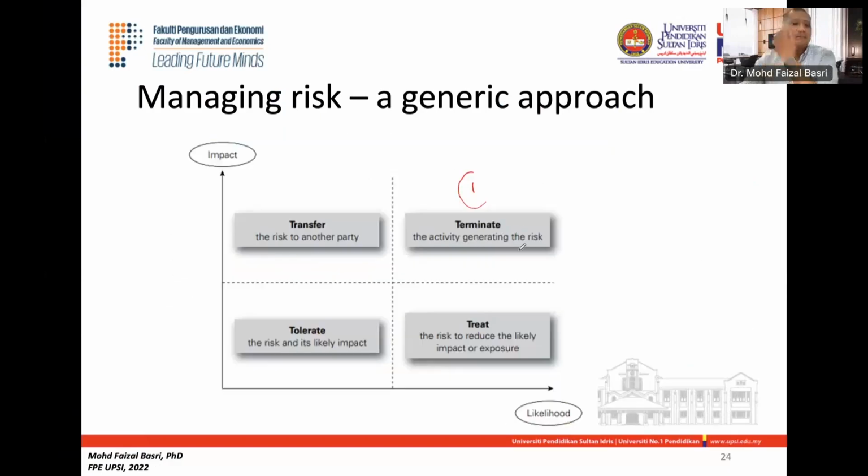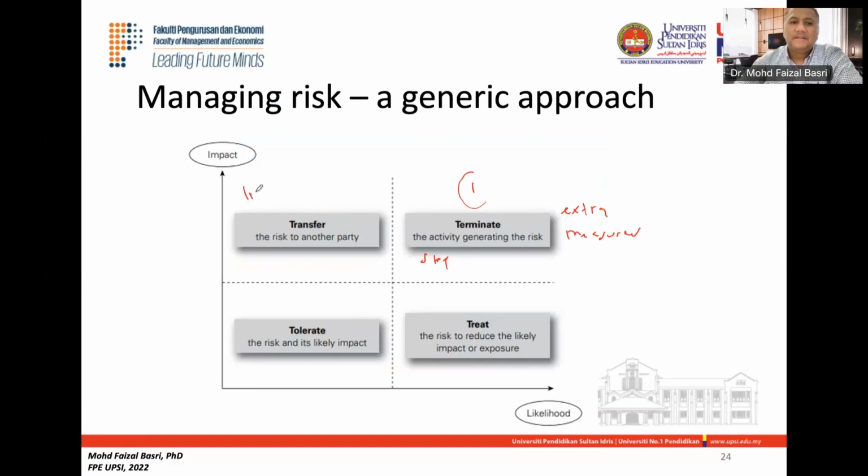So this is an activity that you can terminate, or you can put extra measures in place in order to terminate the risk, or to stop the risk from happening. Then we have high impact but with a low likelihood to happen, which you handle by transferring it to another party.